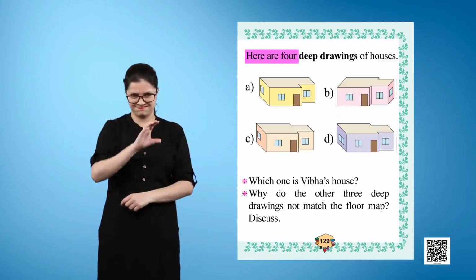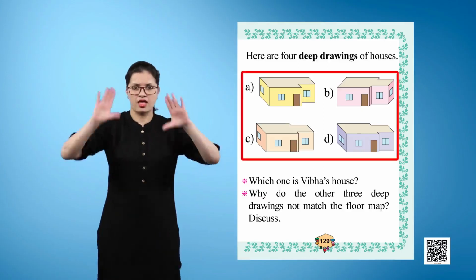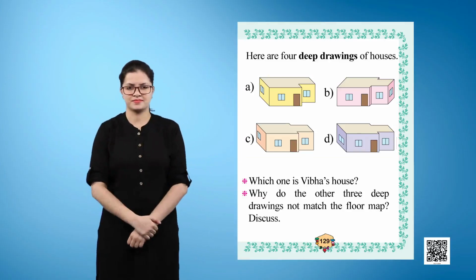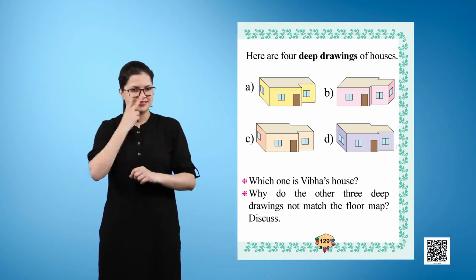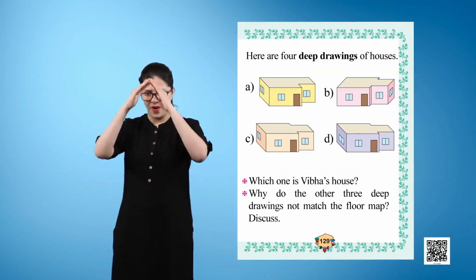Here are 4 deep drawings of houses. We can see 4 deep drawings around the question, A, B, C and D. You have to find out which one is Vibha's house.